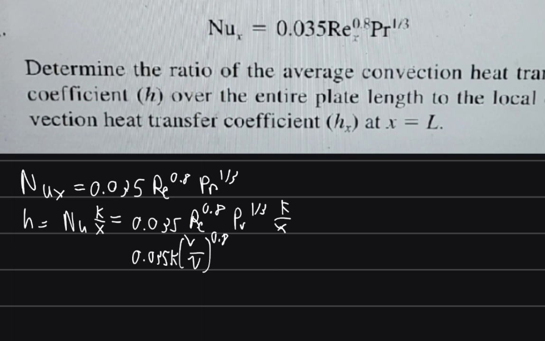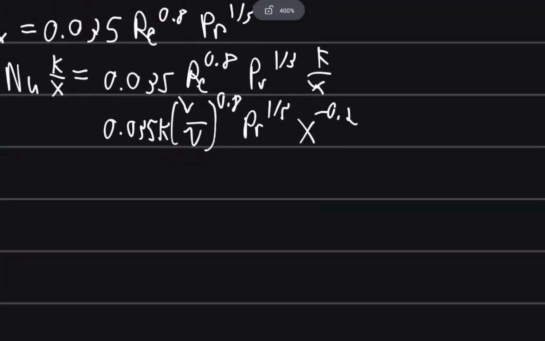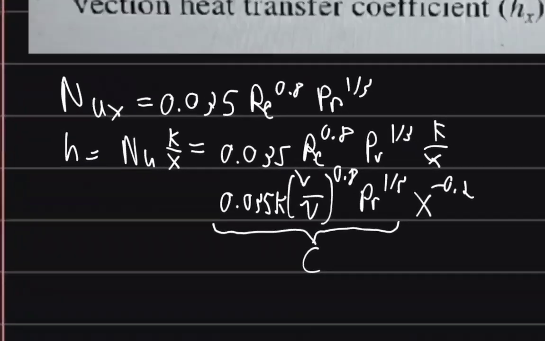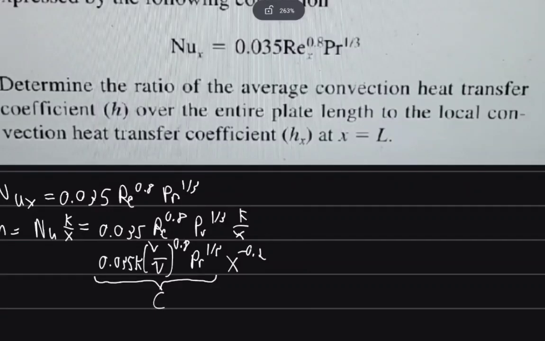I'm going to pull k out front, Pr to the 1/3, and then we're left with x to the 0.8 minus 1, which is minus 0.2. That's just rules of exponents. To make my life easier, all of this mess is constant with respect to x, so we could just call this C, because what we want is at x equal to L.